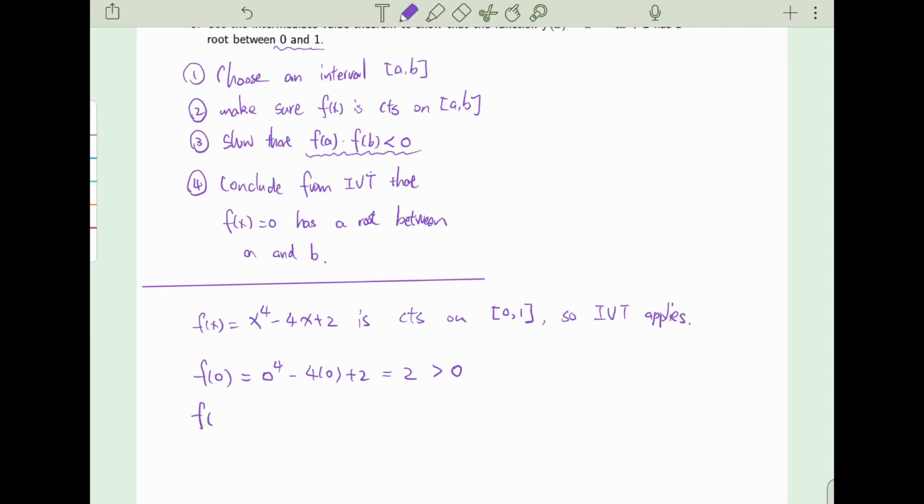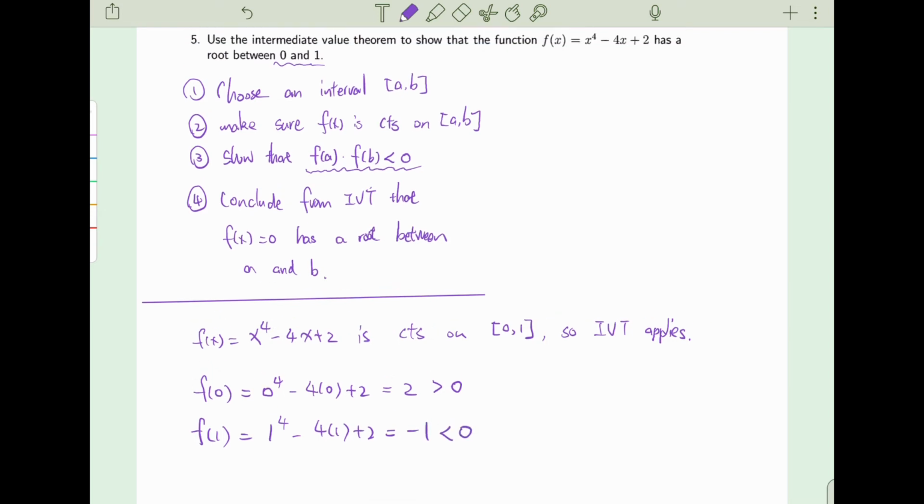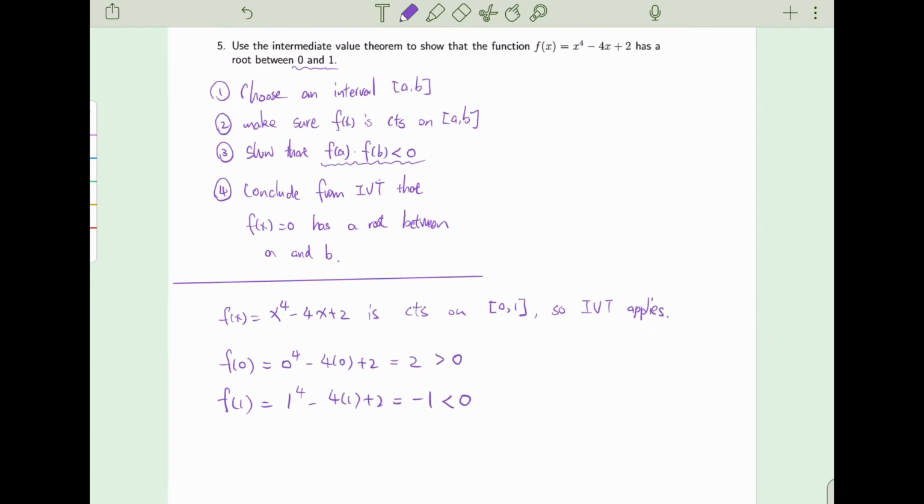And evaluate at the other endpoint, f(1): I have 1 minus 4 times 1 plus 2, which is 1 minus 4 plus 2, that is negative 1, less than 0. So f of x evaluated at the endpoints has different signs. Okay, so that is our third step, right? Show that f(a) times f(b) is less than 0.